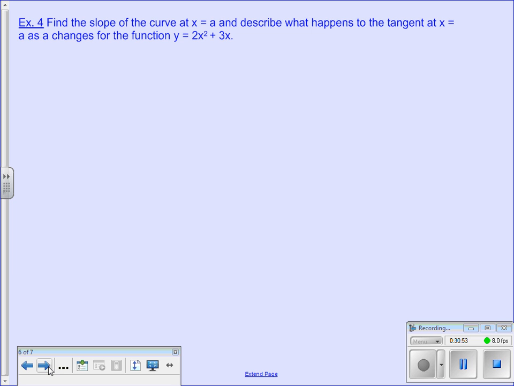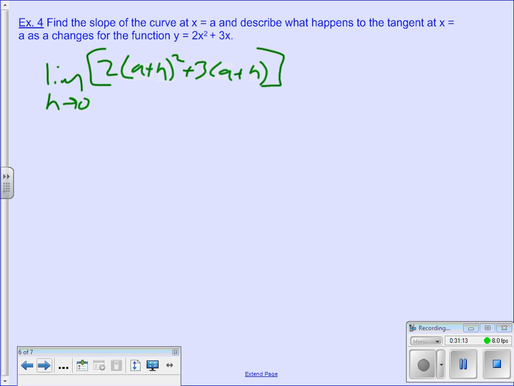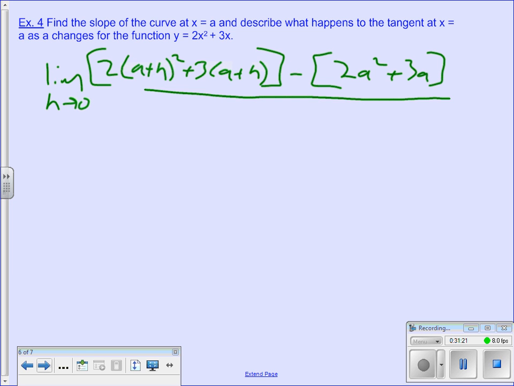So we want to find the limit as h approaches 0 of 2 times (a plus h) squared plus 3 times (a plus h) minus (2 times a squared plus 3a) all over h.